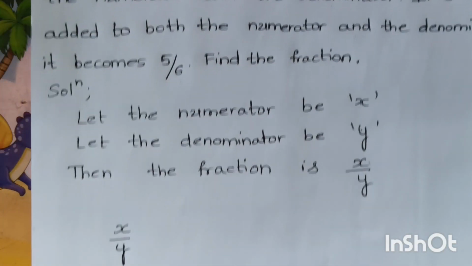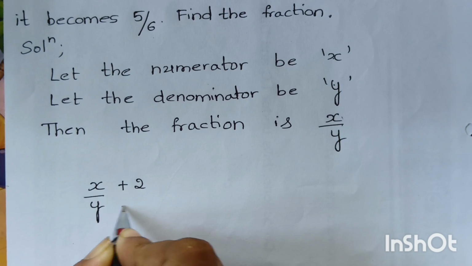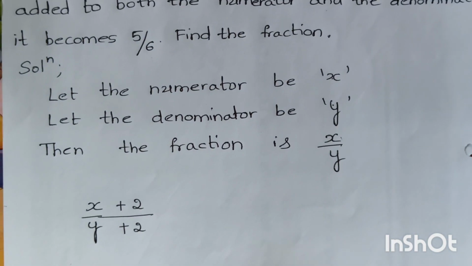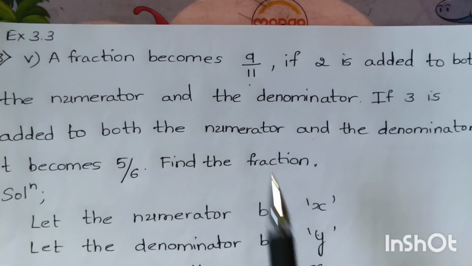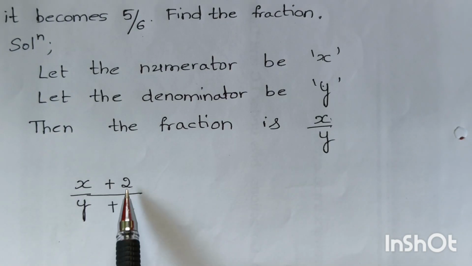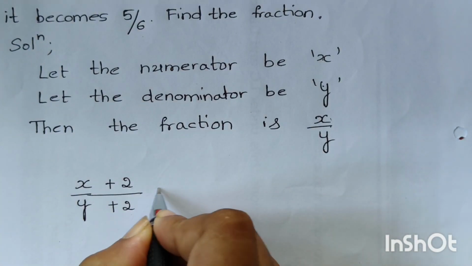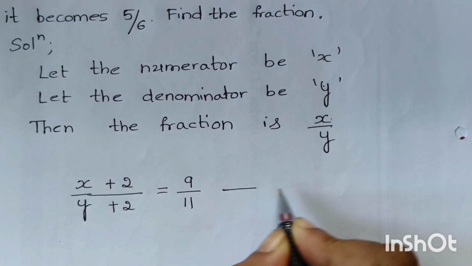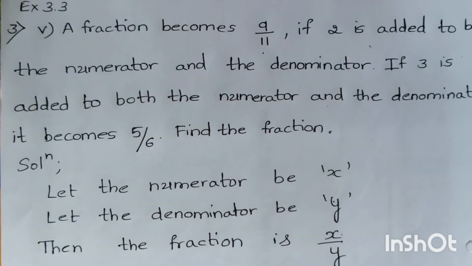So let us add 2 to the numerator and denominator. Then what are they saying? If we add 2 to the numerator and the denominator, the fraction becomes 9 by 11. Now we have added 2 to the numerator and to the denominator. Then the fraction will become 9 by 11. This is our first equation. We got this equation 1 from the question.